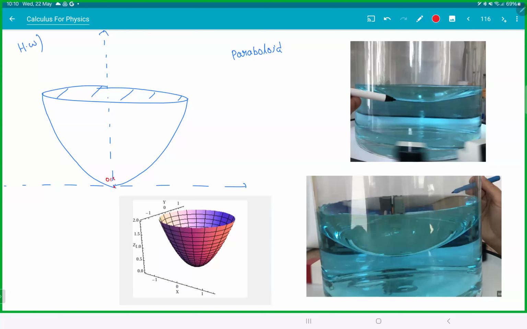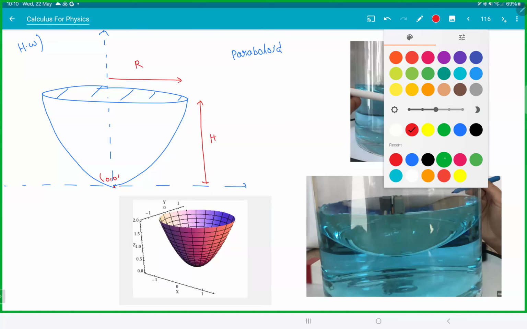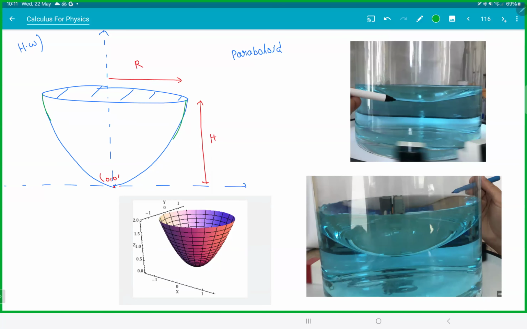So this point is the origin (0, 0). This height is h. This radius is r. So the equation of this curve is y equals h by r square into x square.